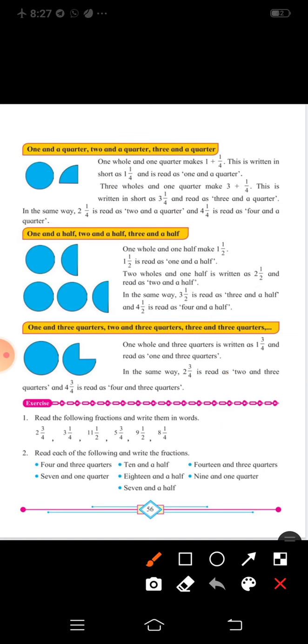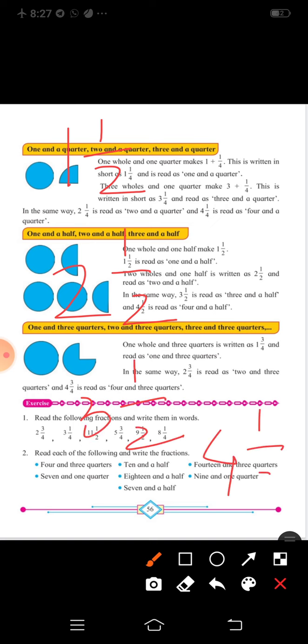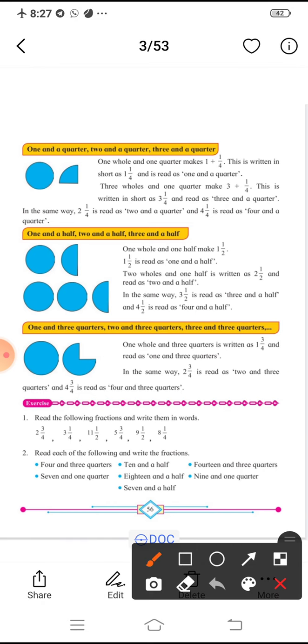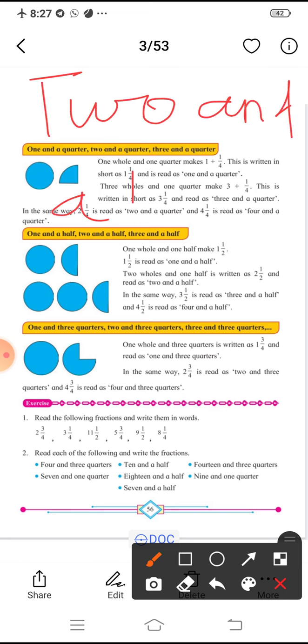Now 1 and a half, 2 and a half, 3 and a half. So for 1 and a half, half we will write as 1 upon 2, correct? 2 and a half, 3 and a half, 4 and a half, 5 and a half.